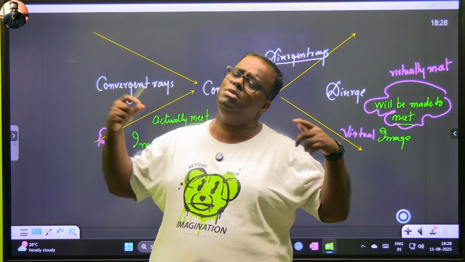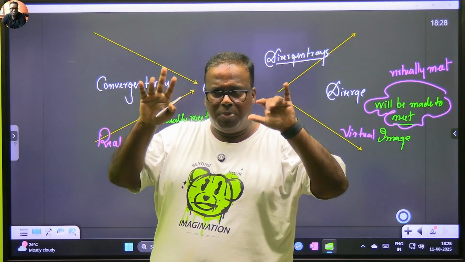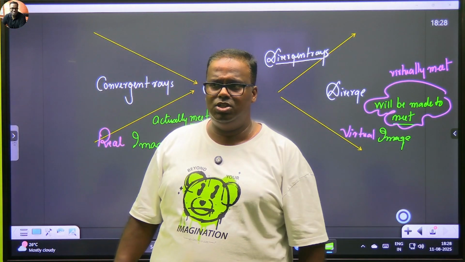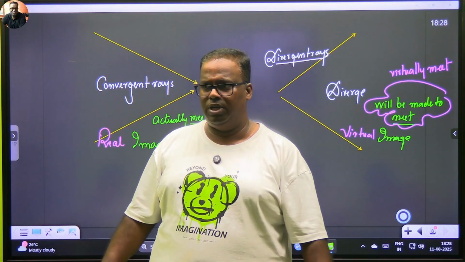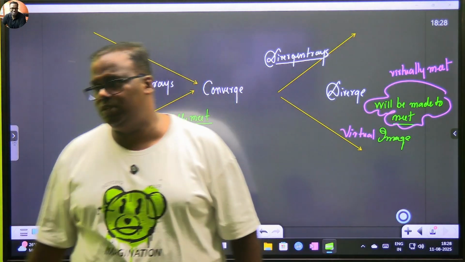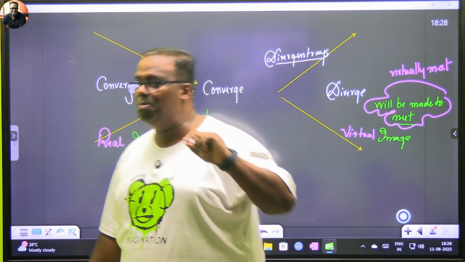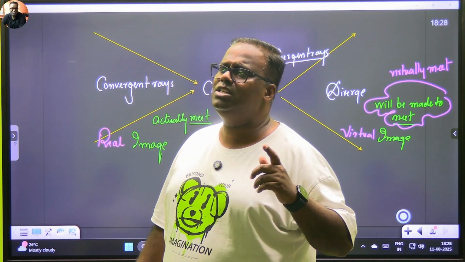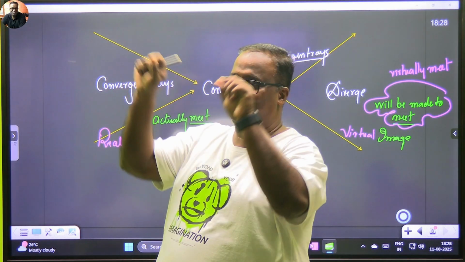We will visit image once again, but to take the story further, you need to have some base knowledge of image. So what is an image? An image is an impression due to convergence of reflected rays. If the reflected rays can converge actually, I call it a real image. If they don't converge actually, and you are virtually converging them by some manipulation, and that manipulation is not what light does, in your optics analogy you are doing that.